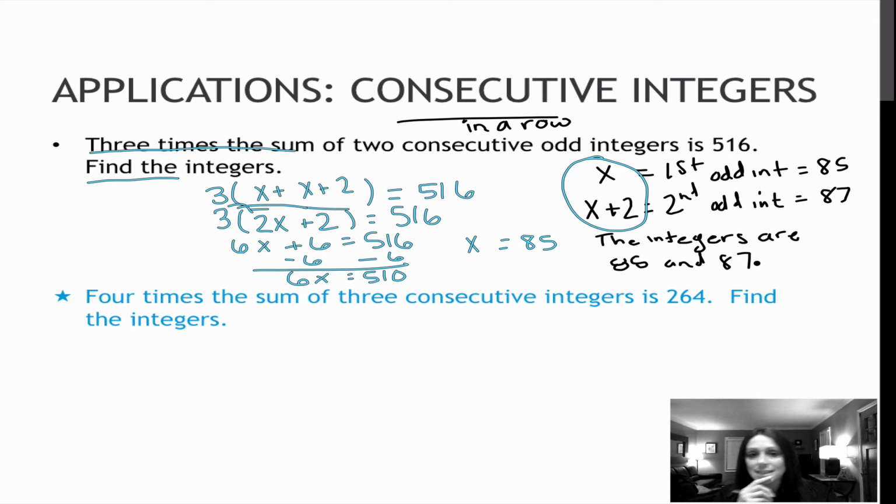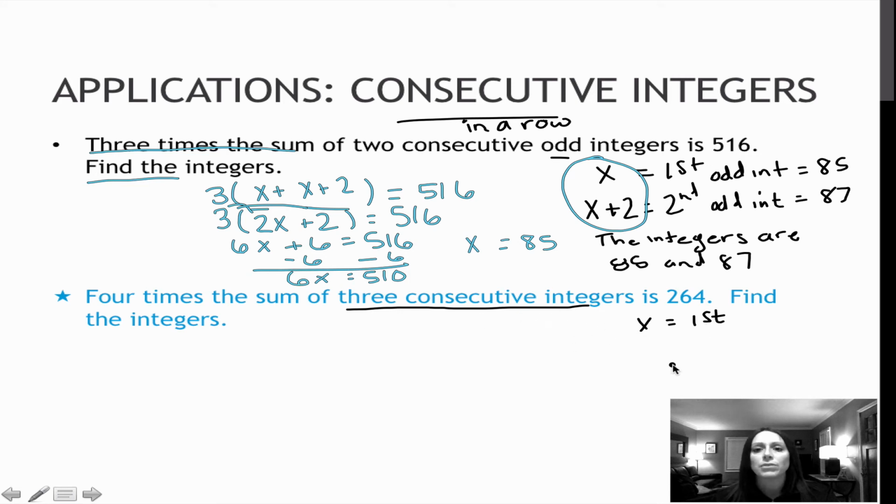Now, 4 times the sum of 3 consecutive integers is 264. So again, it's important here that I define my variable. I'm going to say that x is my first number. Now notice on this one, it's just 3 consecutive integers. Up here we were dealing with odd integers, which make them 2 units away from each other. Here they're just 1 unit.